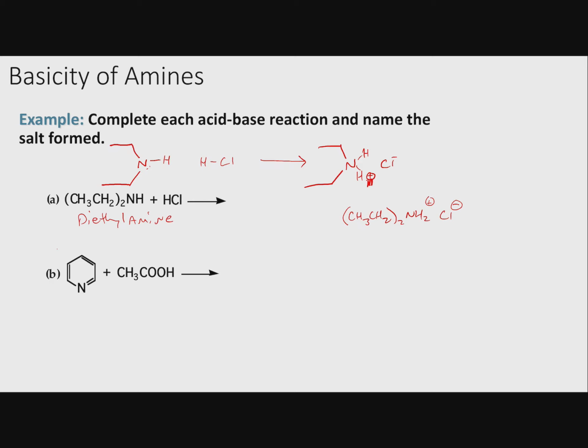If you don't want to use the common name, this is N-ethylethanamine. And so this would be diethylammonium chloride, or N-ethylethanammonium chloride.